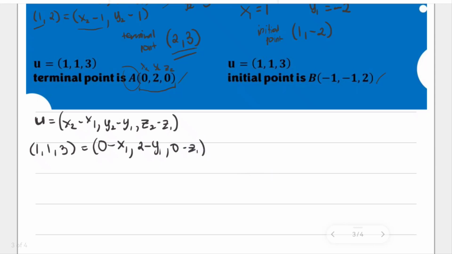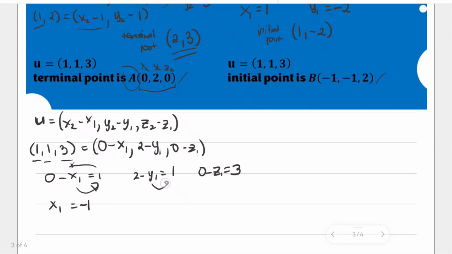And then again, equality of vectors. You have 0 minus x sub 1 is 1. Okay. You also have 2 minus y sub 1 is 1. And finally, you have 0 minus z sub 1, which is 3. So again, moving it here, transposing it, symmetric property, x sub 1 is negative 1.